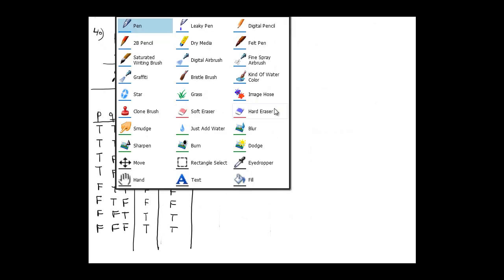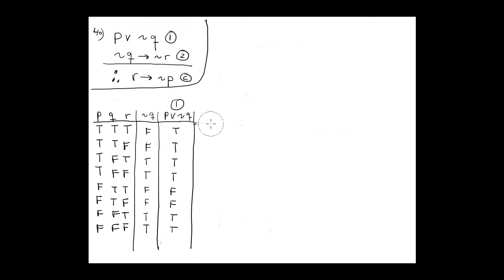Now premise number 2 is negation Q, arrow, negation R. Negation R is the completely opposite truth value of R. This is false, true, false, true, false, true, false, and true.